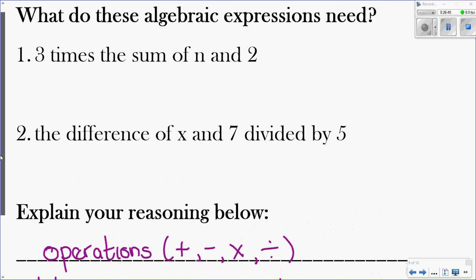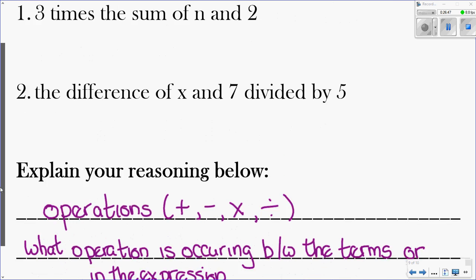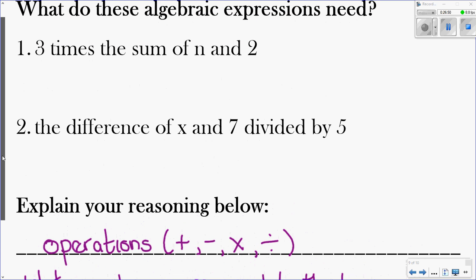All right, so they need those operations because then it tells us how to treat the problem and how to solve it.